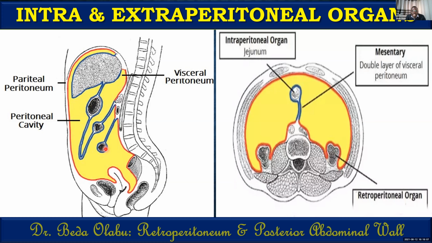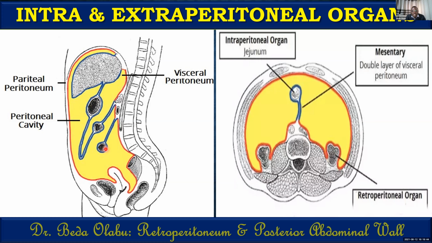Now, tailored to that is the term retroperitoneal. Retro alludes to the fact that it is behind. So a retroperitoneal organ is definitely an extraperitoneal organ. However, not all extraperitoneal organs would be retroperitoneal, but we would expect all retroperitoneal organs to be extraperitoneal.